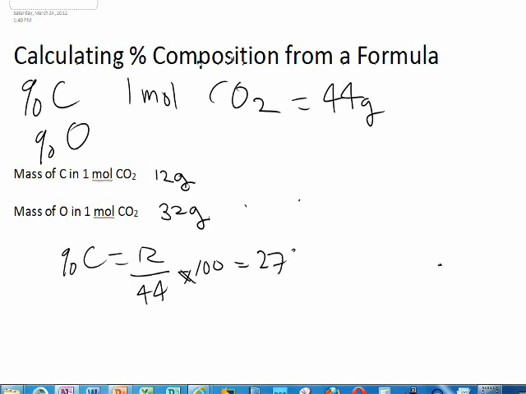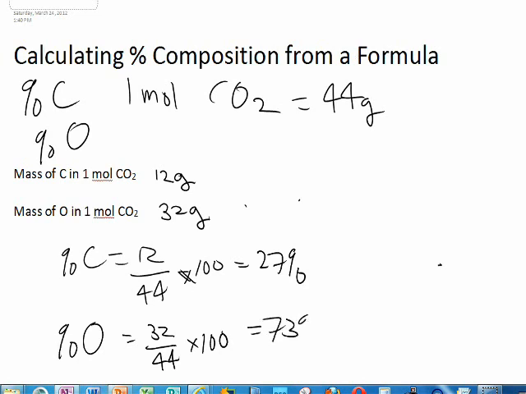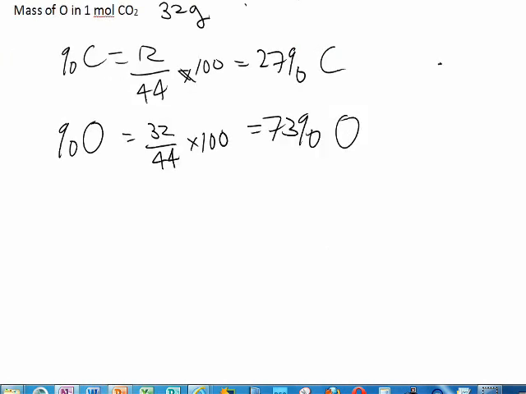This will be 27% carbon. The oxygen equals 32 grams over 44 times 100. That equals 73%. Now we can use these percentages as ratios to calculate how much carbon or oxygen is in another mass or amount of carbon dioxide.